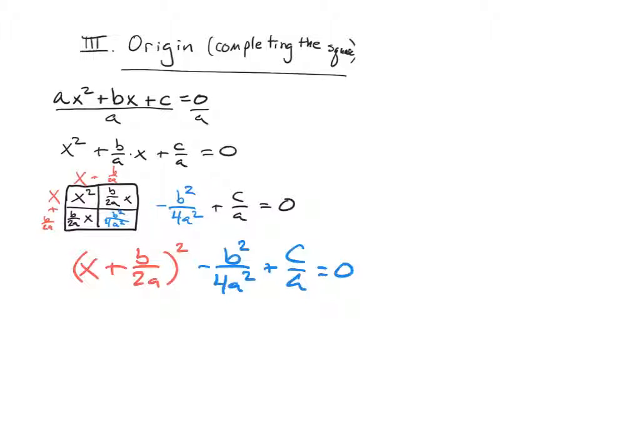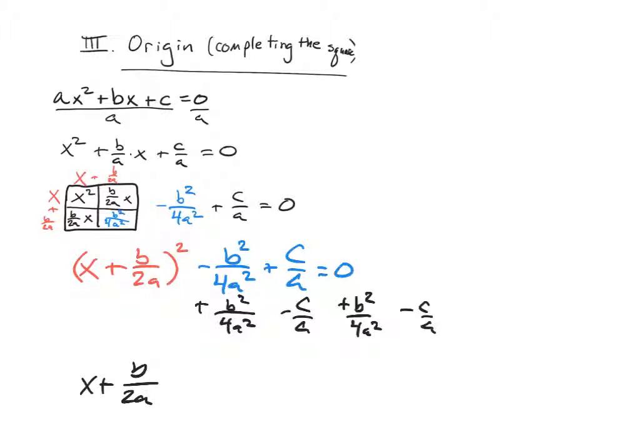Now we're going to get everything to the other side and take the square root. So we're going to add b squared over 4a squared. Going to subtract c over a. So we get x plus b over 2a squared is equal to b squared over 4a squared minus c over a.